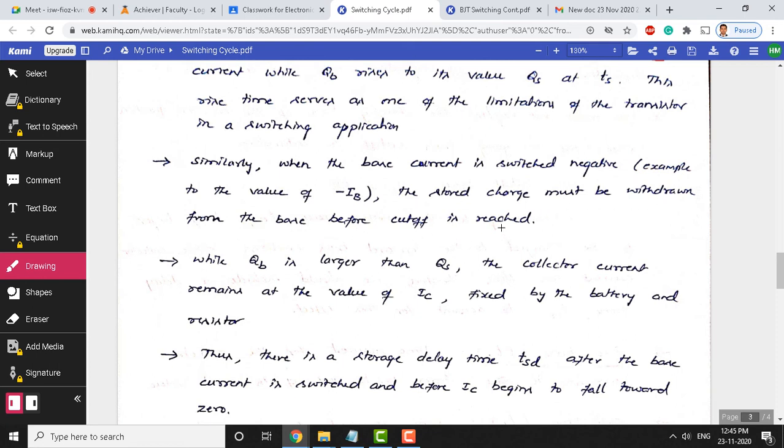That will not happen immediately, so cutoff is reached very slowly. Saturation and cutoff are both reached slowly; they are not fast.